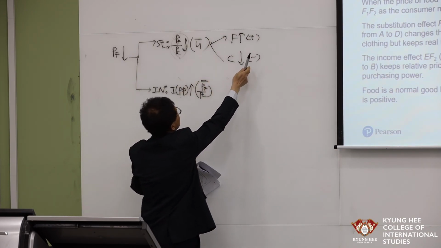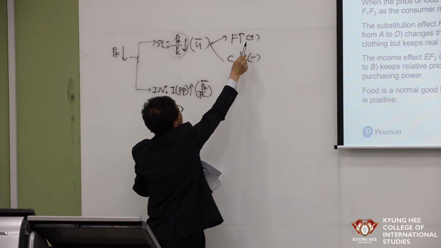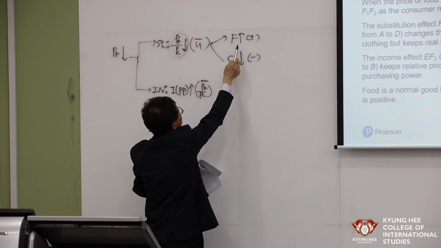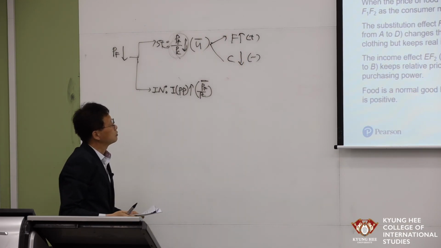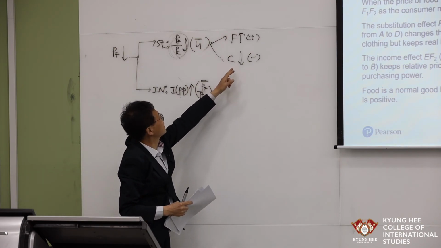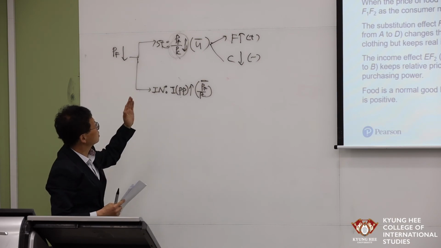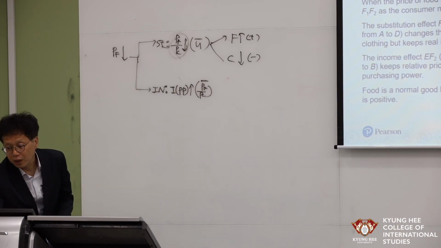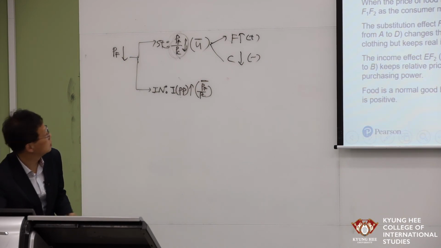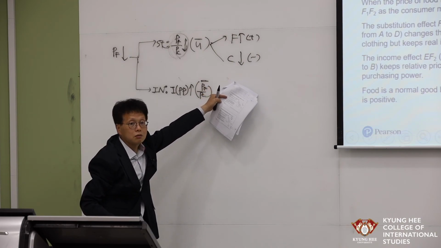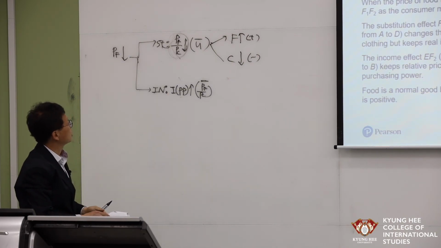This price change affects food consumption positively, and affects demand for clothing negatively. Right? That is the substitution effect. You are moving A to D. Consumption of food increases, consumption of clothing decreases, C1 to C2. Right? That is the substitution effect.